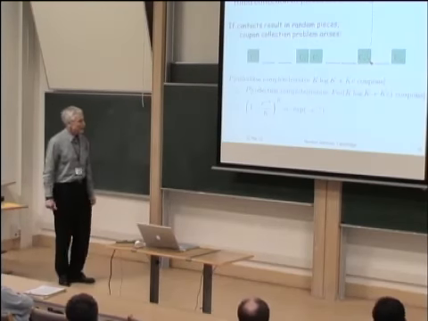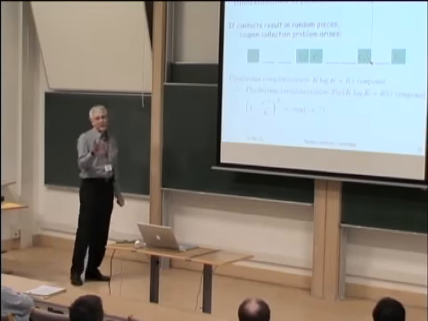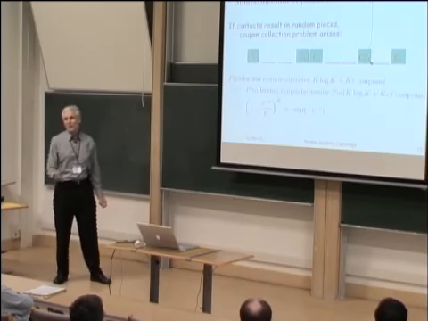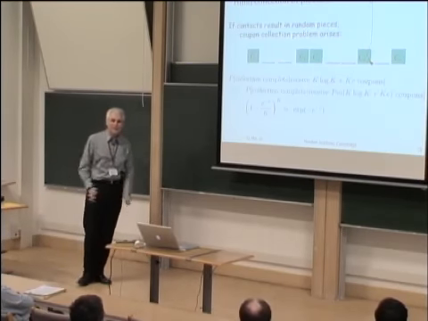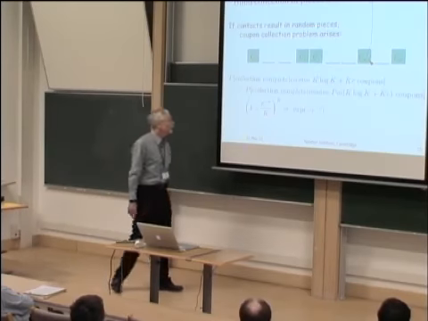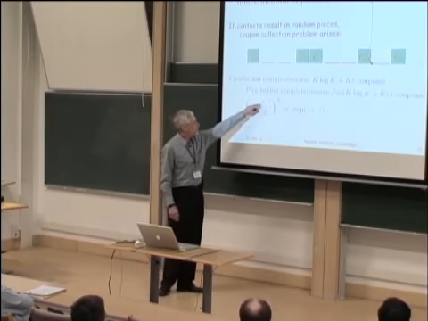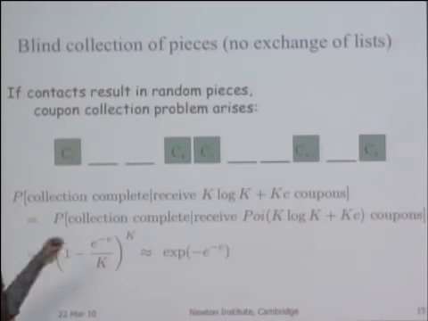And then if that's true, the number of coupons you receive of each type is also Poisson by the independent splitting property of Poisson random variables. So the probability you don't get a particular coupon is, let's see, this should be 1 minus.